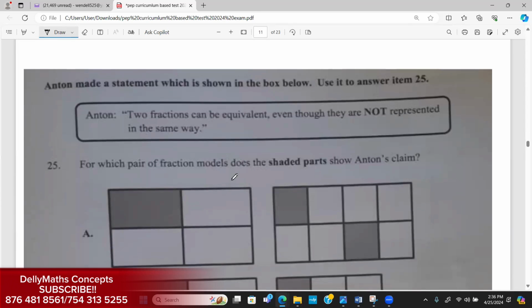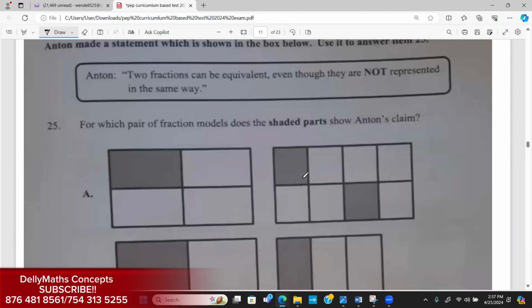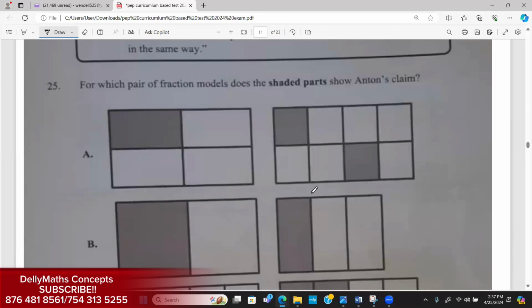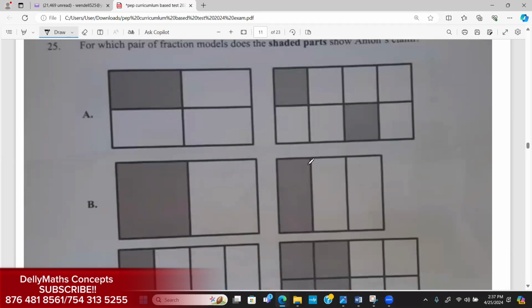25. Antoine made a statement which is shown below. Use it to answer question 25. Two fractions can be equivalent even though they are not represented in the same way. For which pair of fraction models does the shaded part show what Antoine claims? In other words, we're looking for two fractions that are the same.